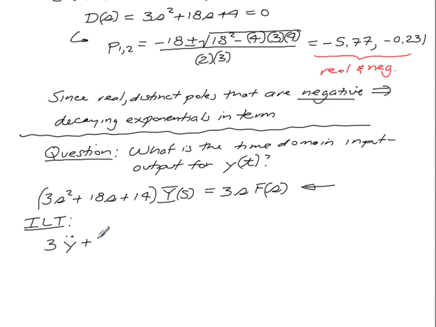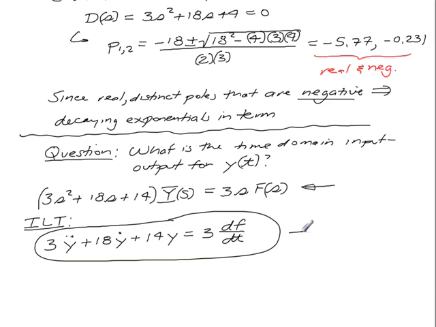The 18s times y is 18y dot. And the 4y is just 4y of t. The right-hand side, we have an s times f. We do the inverse Laplace of that, and we get df dt.